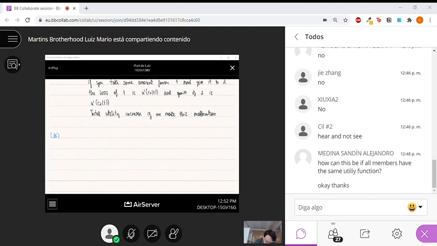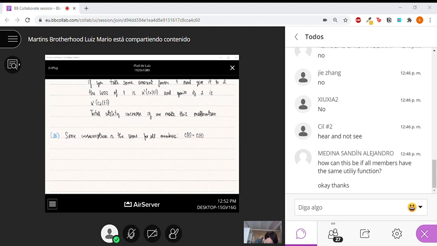So since consumption is the same for all members, we can write, now we can take the i out of the variable because they are all the same.